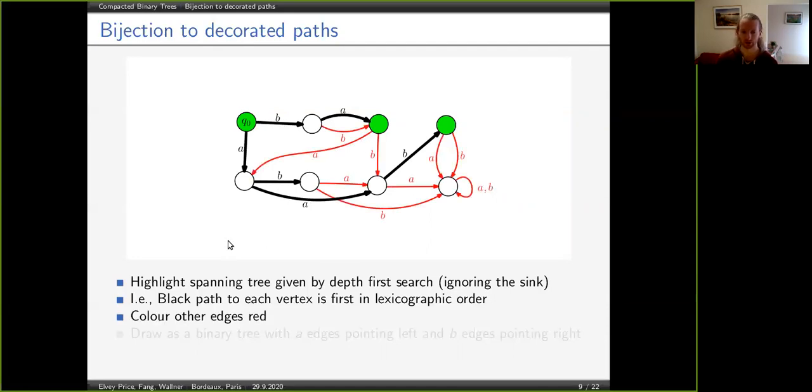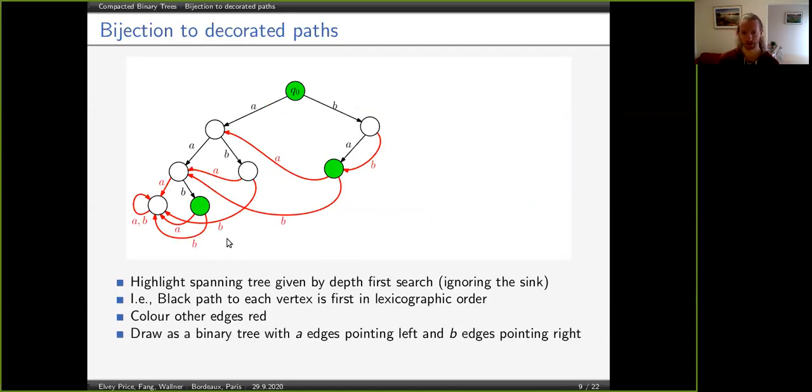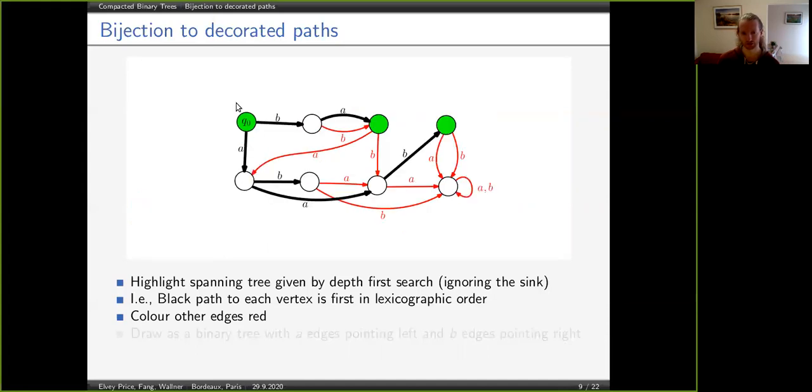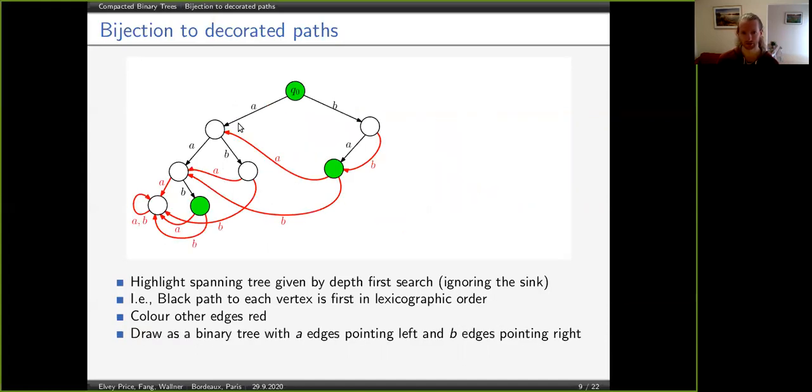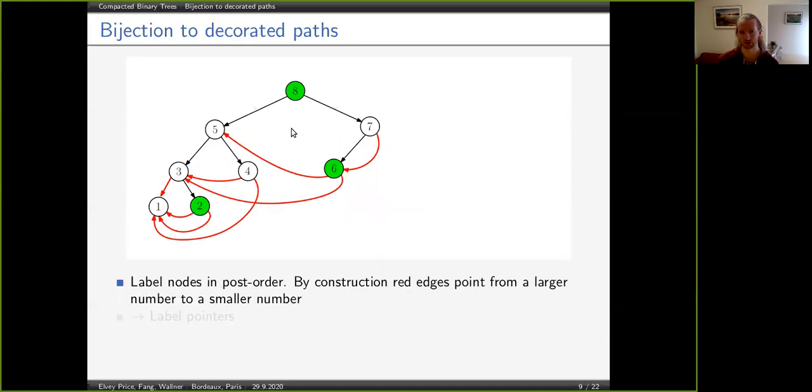So, for example, going here, we have AA, which is clearly the first in lexicographic order, which ends at this vertex. Another path there would be B, B, B, which is later in lexicographic order. Okay, so we'll color the other edges red. And since we have this tree structure, we can draw it really as a binary tree. Now we're drawing this in a way such that the left edge is always an A edge, and the right edge for each vertex is labeled B. But we can even forget about the labels.